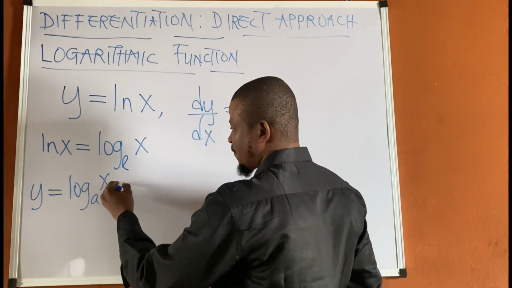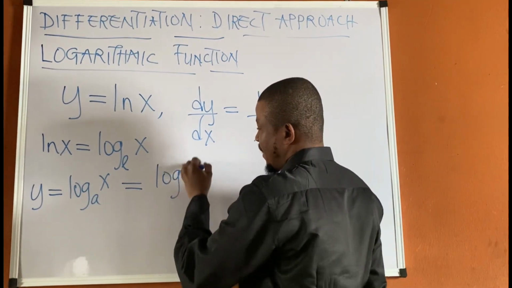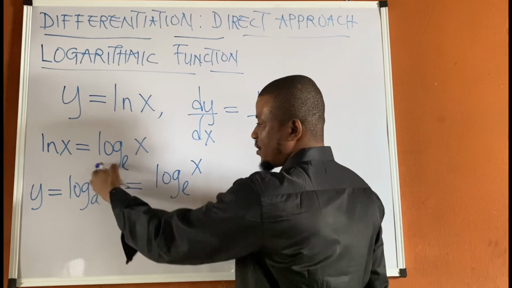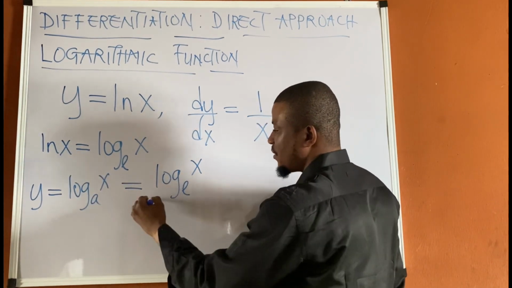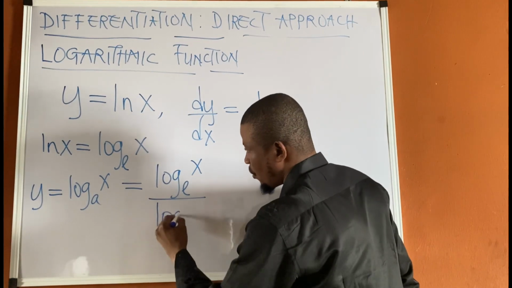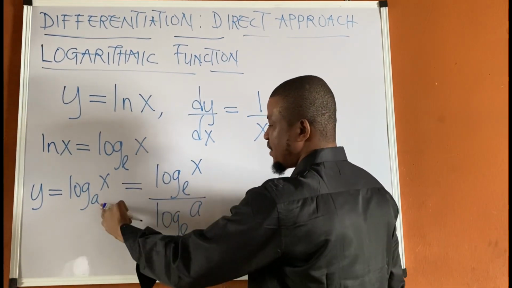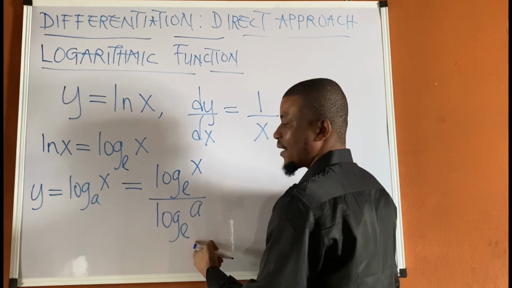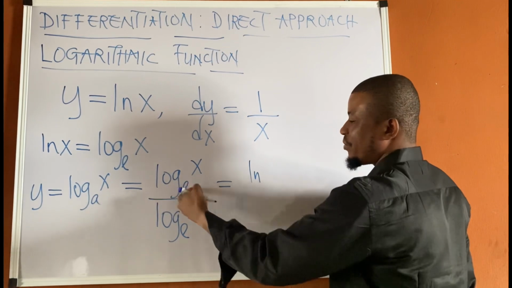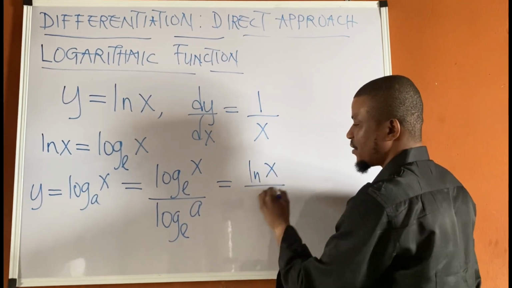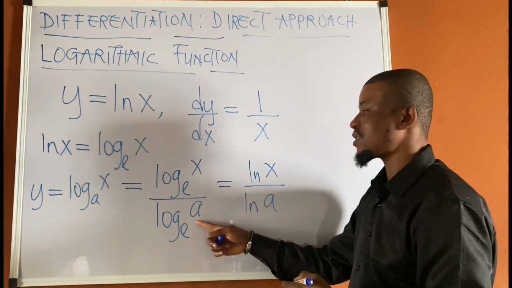To transform this, log x to base e over log a to base e. Since log to base e is ln, this is ln x over ln a, where a is a constant.